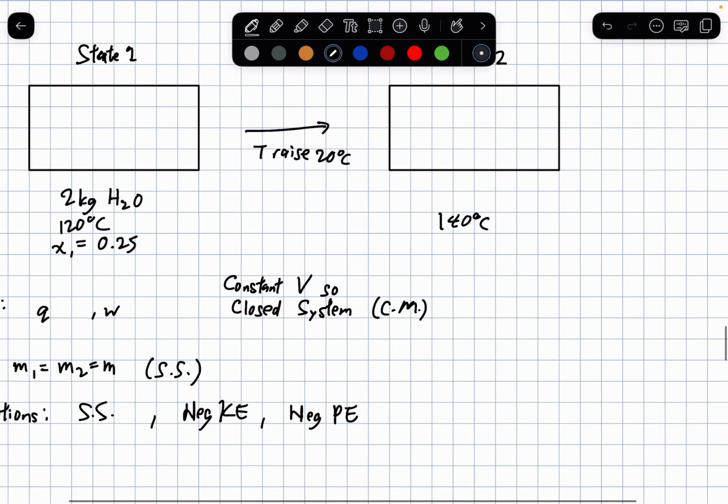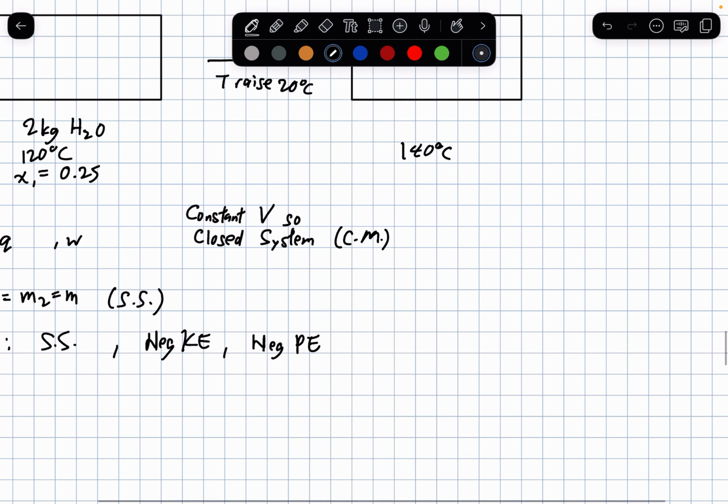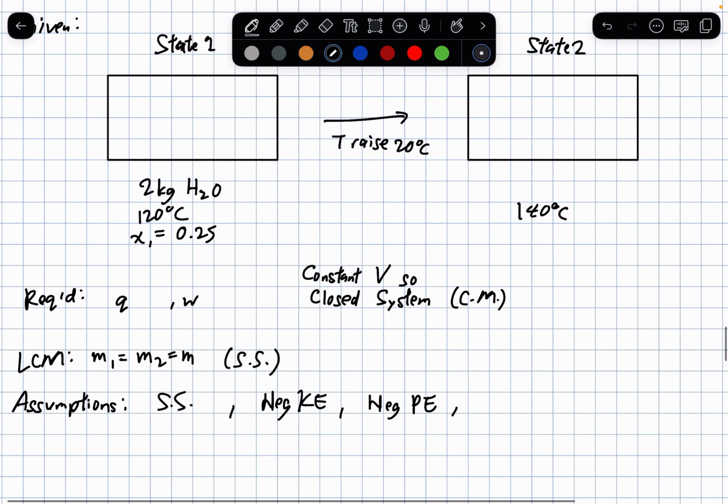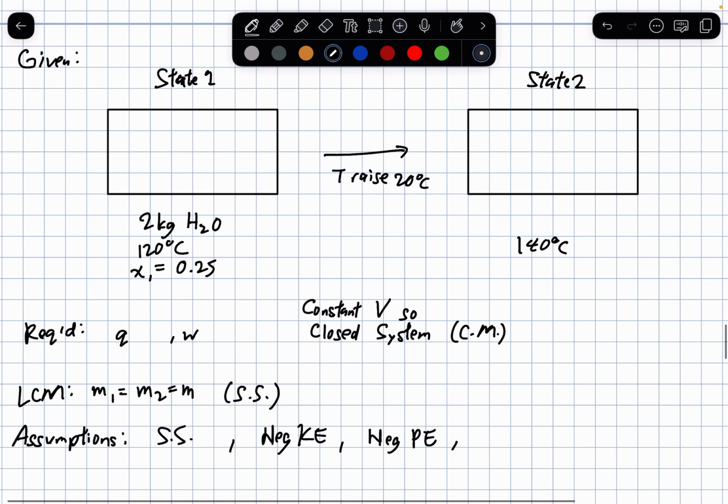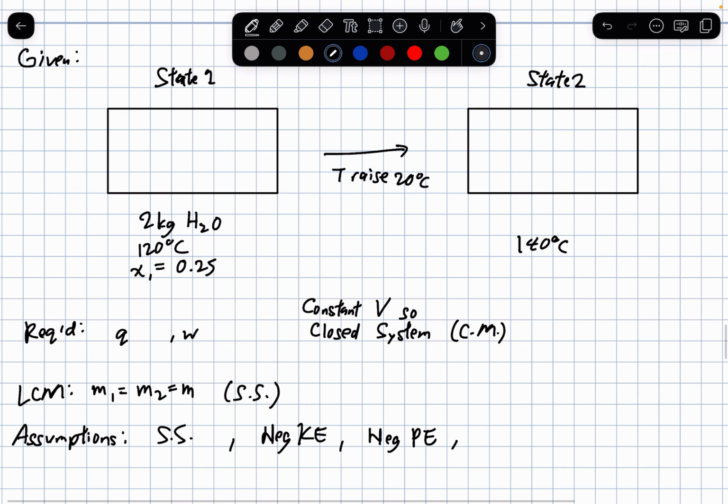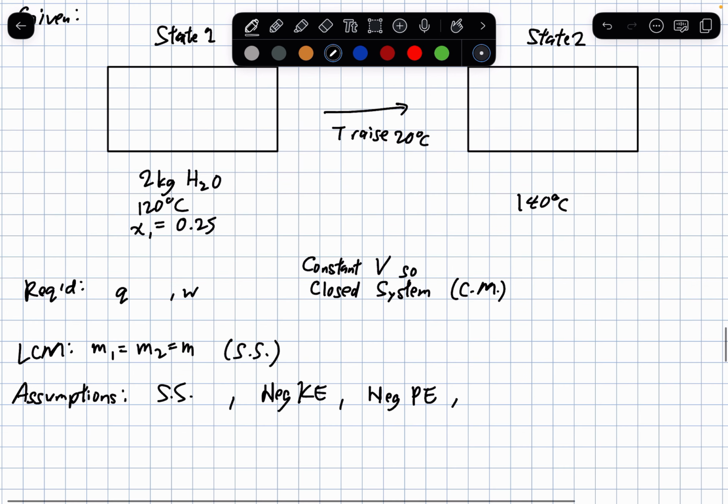There is no mention of any velocity or elevation. What else? Can we assume ideal gas? I don't think so. According to the tables, there's water there, no? So we have thermodynamic data for water. Therefore, we don't need to assume the substance as ideal.